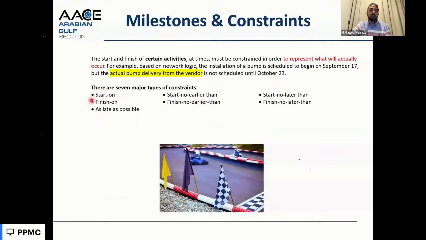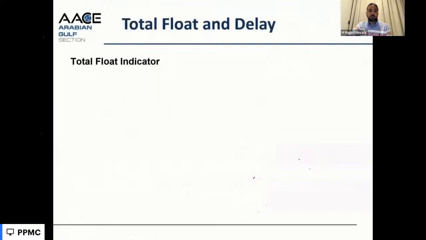So we have constraints on the start. Sometimes we start on a certain date, or earlier than or later than a certain date. The same applies to finish, on a certain date, or earlier or later than this date. We have different types of constraints we can use in the program.